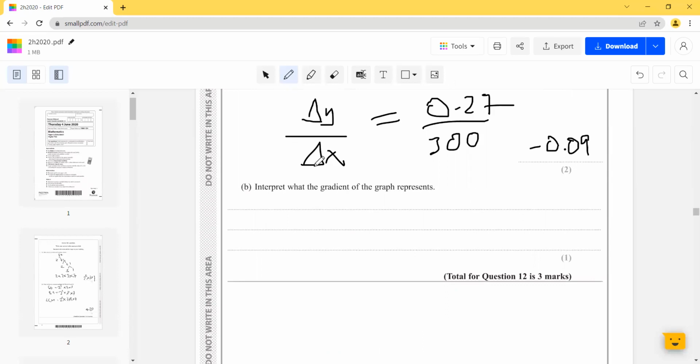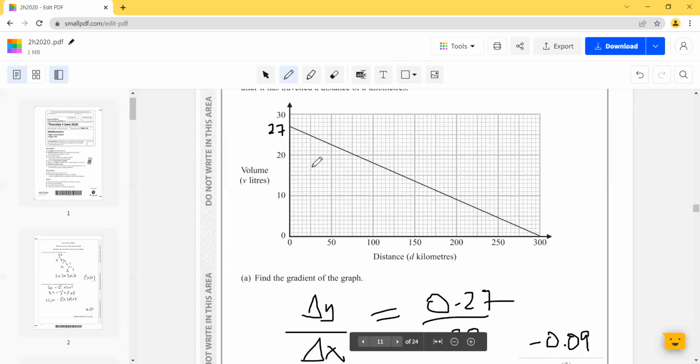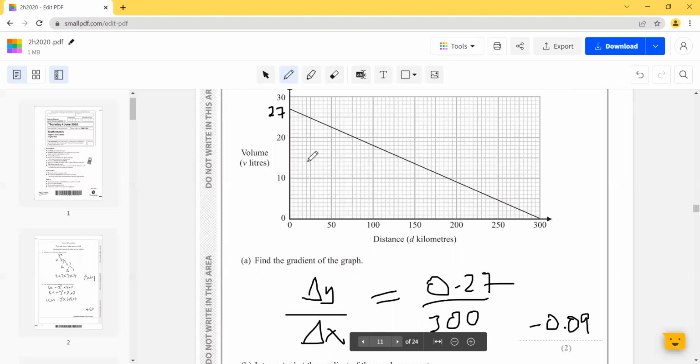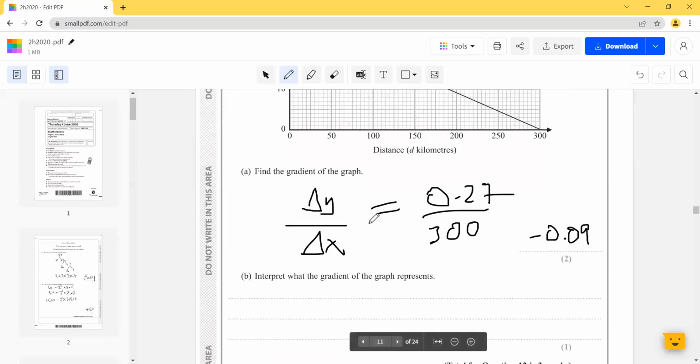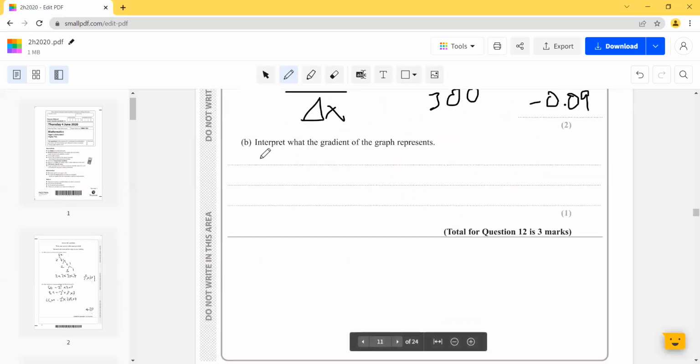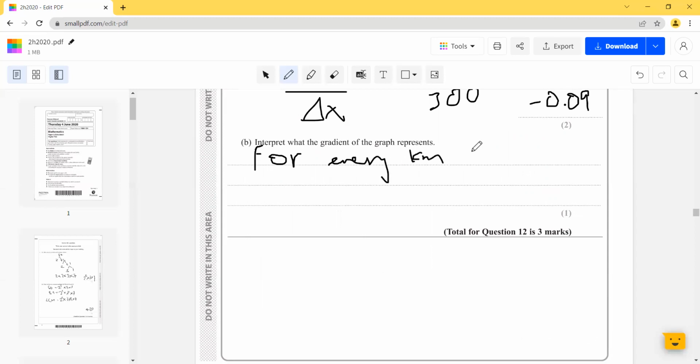Okay, part B. Interpret what the gradient of the graph represents. Well, remember the gradient, what does it represent? Change in y over change in x. And we can basically say that for every kilometer, he uses 0.09 liters. For every km, he uses 0.09 liters.